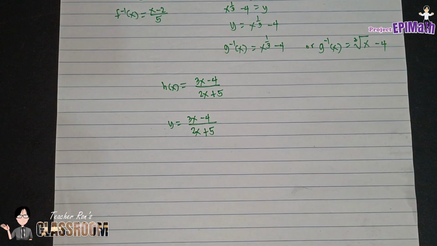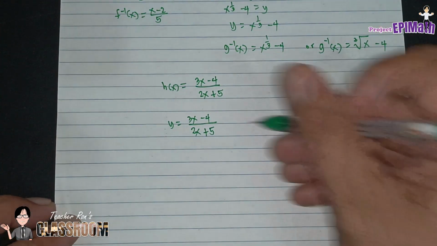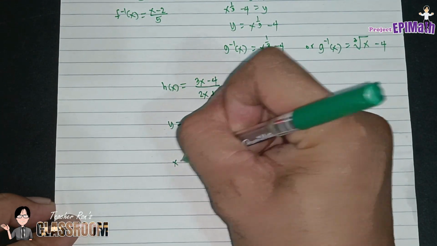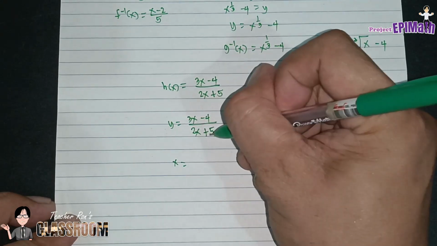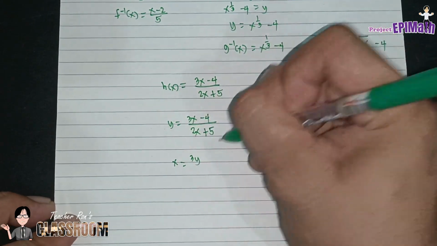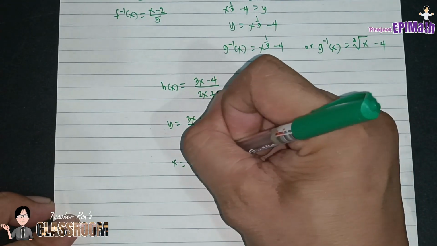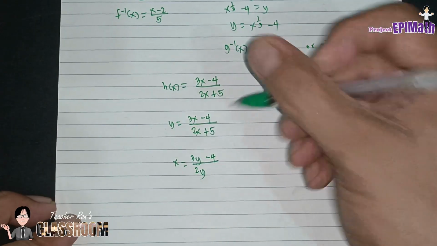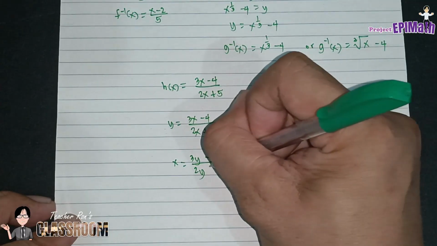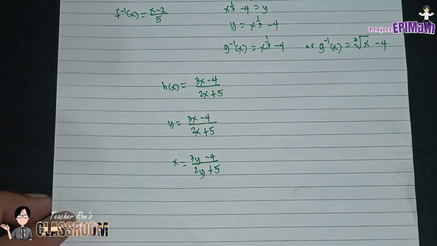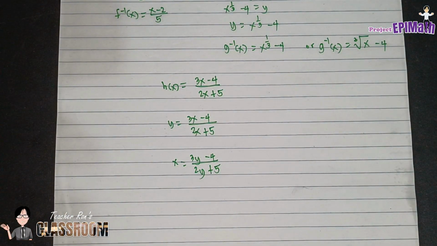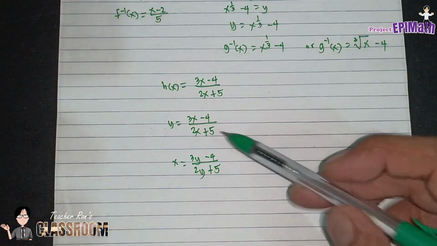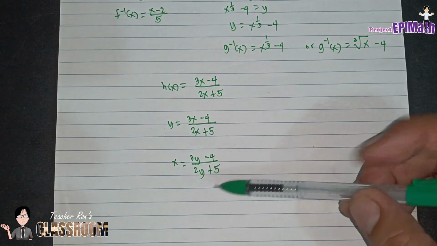Okay? So next, interchange the variables x and y. So we have x equals 3y minus 4 over 2y plus 5. Then solve for y in terms of x. So let us solve for y.